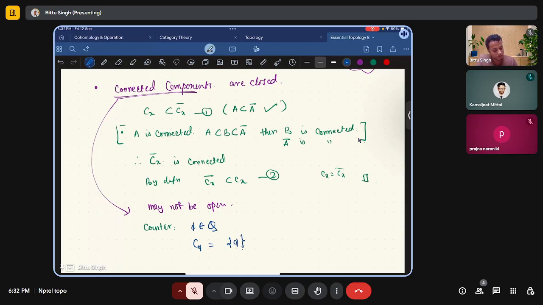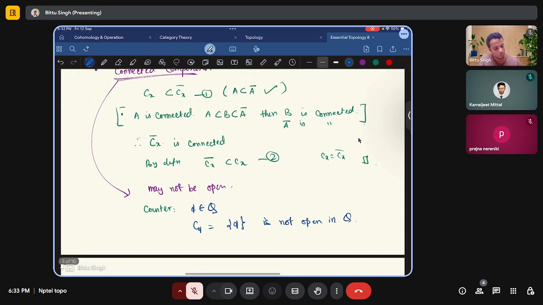But note that this singleton is not open in Q, because any neighborhood of q must contain another rational number, right?